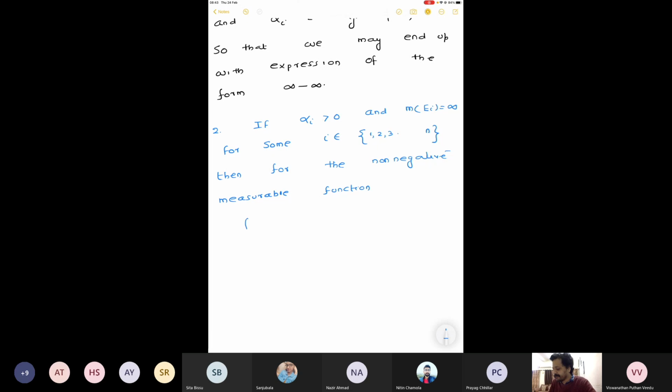The integral of phi dm would be. Can you tell me?